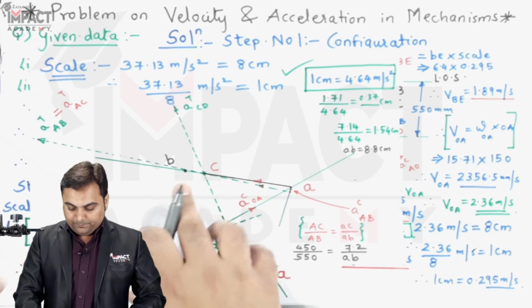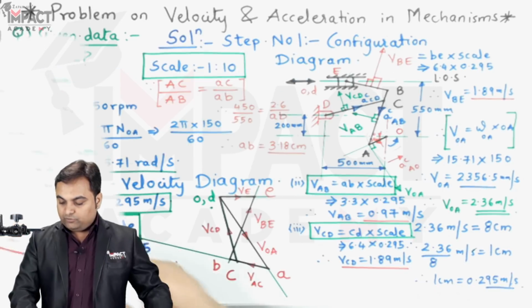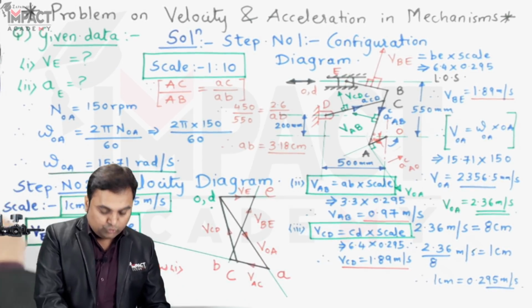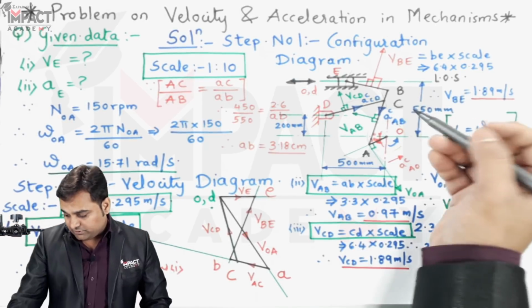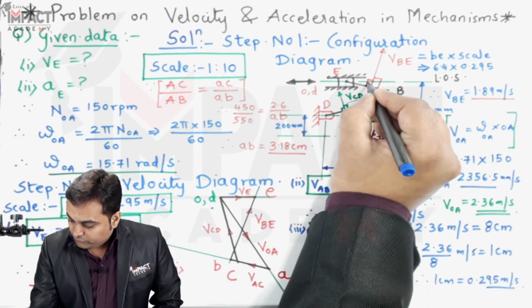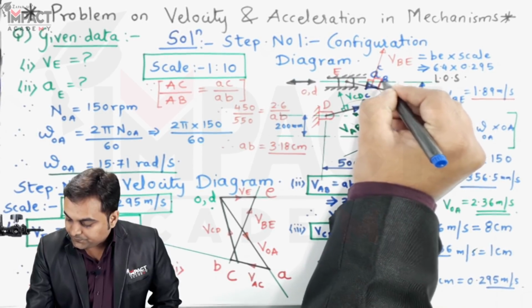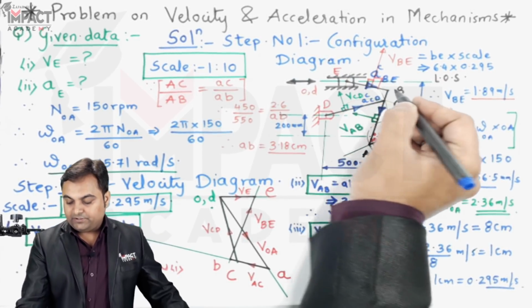Now after getting point B, the next thing would be link BE, and its centripetal acceleration will also be pointing towards the same common center. So for link BE, its centripetal acceleration is pointing towards the center.